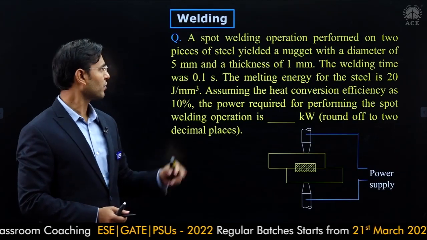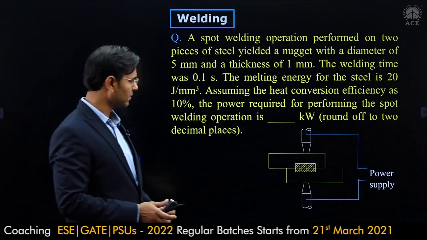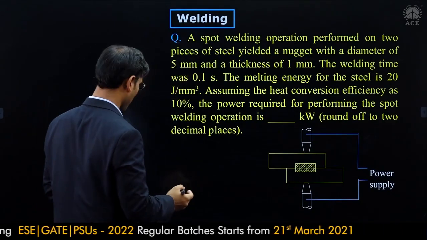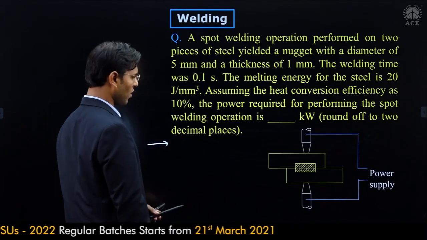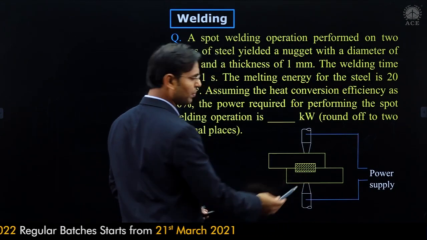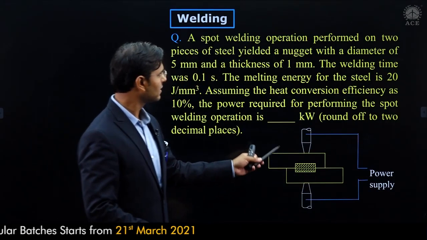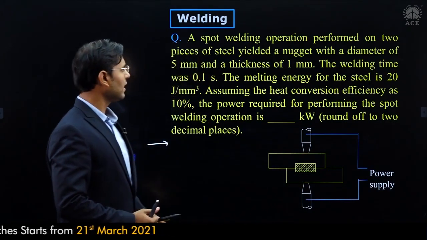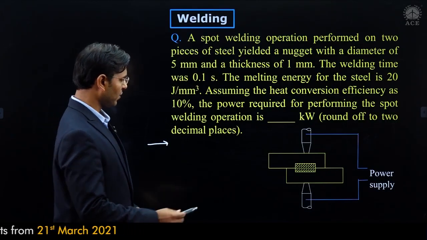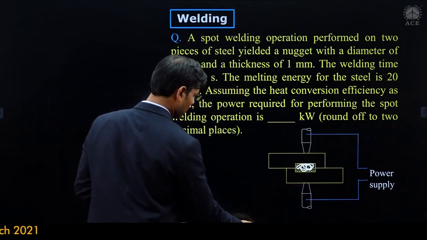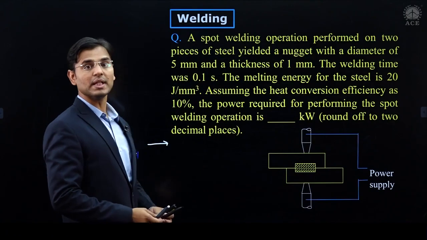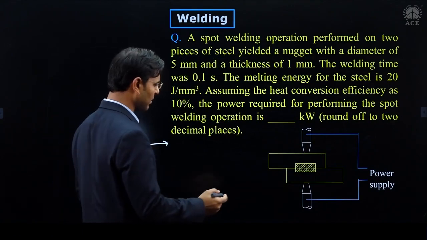Now see the next question, which is asked on spot welding. A spot welding operation performed on 2 pieces of steel. See, these are the 2 pieces of steel. It yielded a nugget with a diameter of, you can see this is the nugget, this hole is the nugget, whose diameter is 5 millimeter and thickness is 1 millimeter.